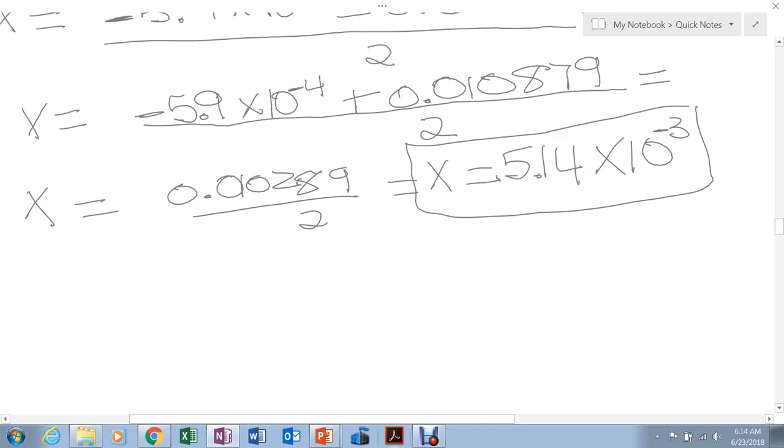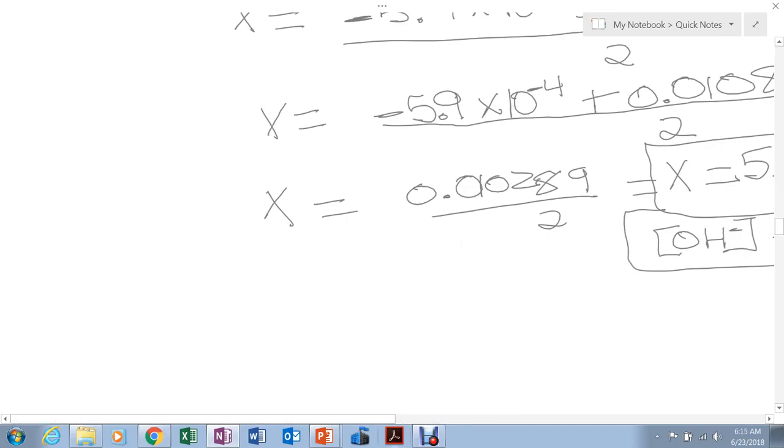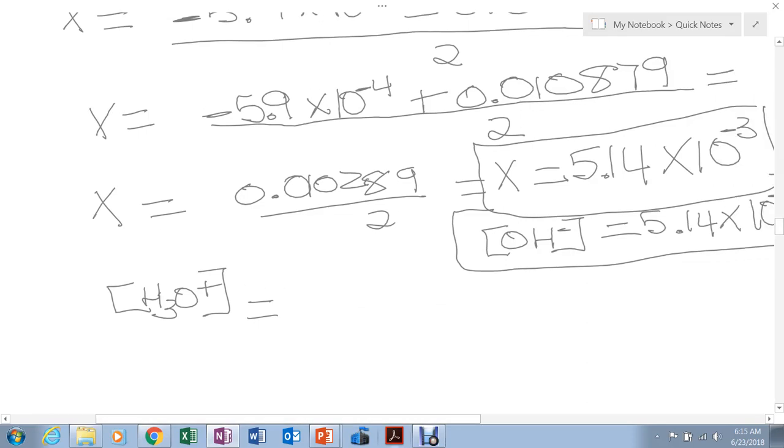So the concentration of hydroxide is equal to 5.14 times 10 to the negative 3 M. So now, knowing that, because it's asking for the H3O, the pH, we have to find out the concentration of hydronium in solution, even if there's very little of it, because it's a basic solution, but we still have some. So that's why we can determine the pH of a basic solution.